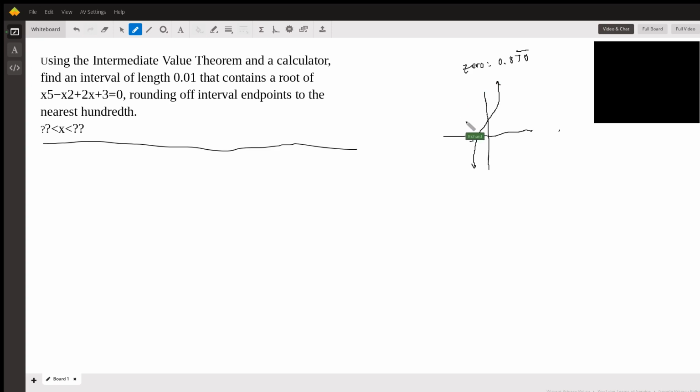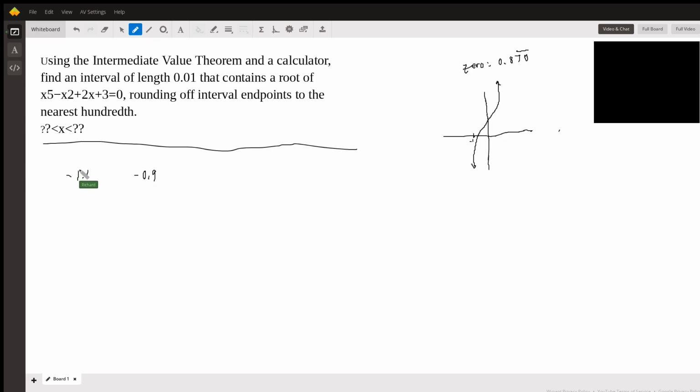So we're just going to set up an interval around -1 here, and then we'll take a look at what's going on. So let's say, for the sake of conversation, -1.1 and -0.9. Let's use those endpoints.